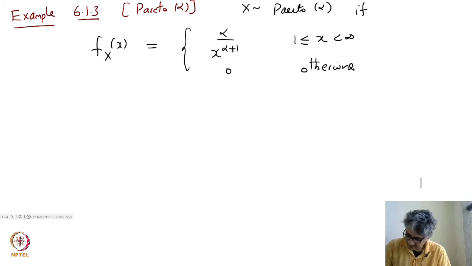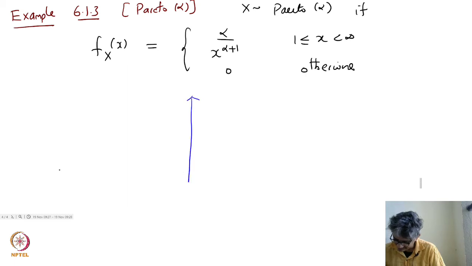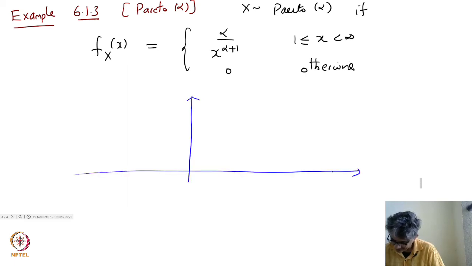Now here, let's just graph the density a bit. Let me draw this in black, the axis in blue. I'll tell you why this is important. The density is 0 up to 1, and then it decays like this.